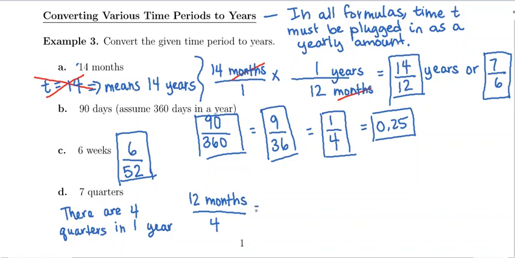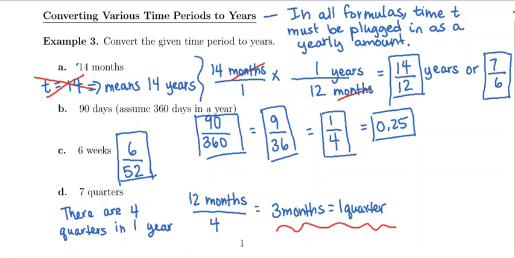So 1 quarter is 3 months. This is not the answer to turning 7 quarters into a yearly time value. I just want you to get familiar with quarters if you're not used to it. 1 quarter is 3 months.